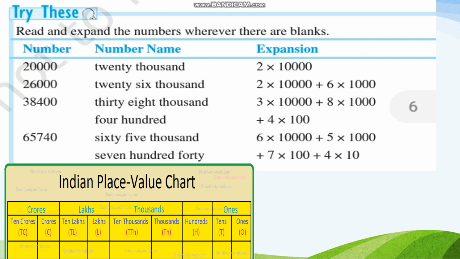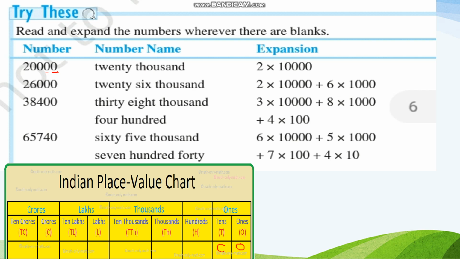We know we have to arrange the digits in the place value chart from the right side, that is from the ones place. Always start from the ones place. So the ones place digit we write in the place value chart is 0, and the tens place digit is also 0.